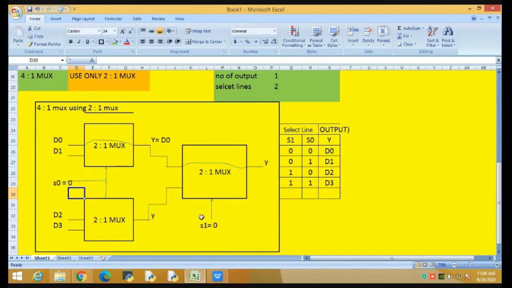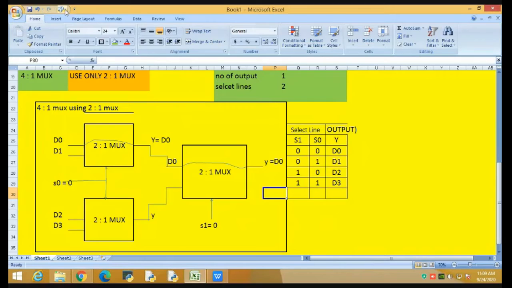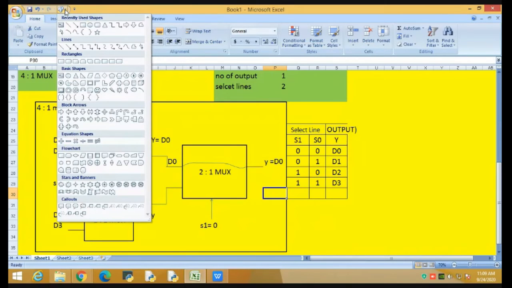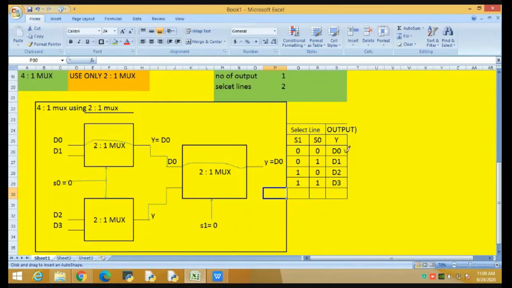And because S1 is also 0, this output D0 is here, and this D0 comes to the Y. So Y equal to what? Y equal to D0. So my first truth table is satisfied.